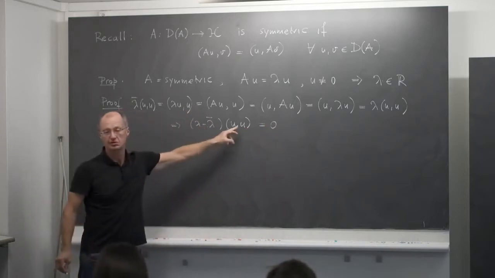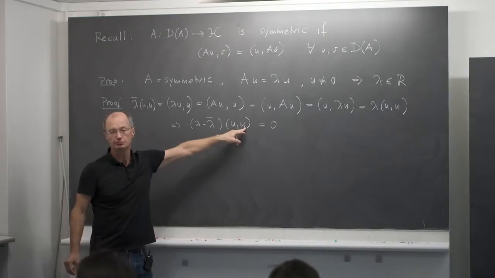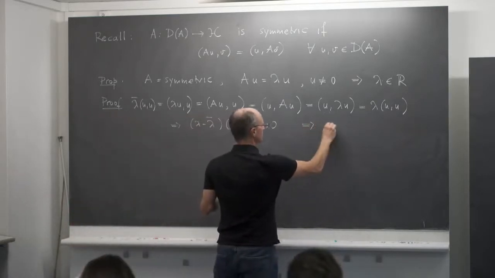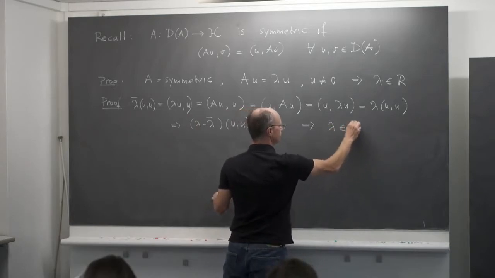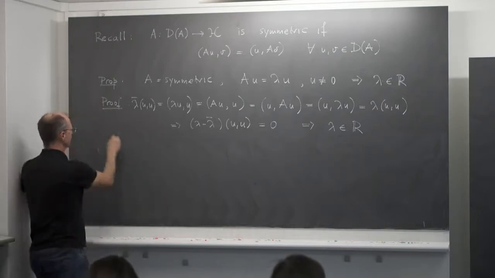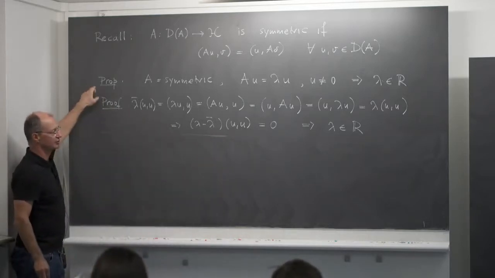Since u is non-zero, this is the square of the norm of u. It's non-zero, so lambda is equal to lambda bar. And we see that lambda is real.